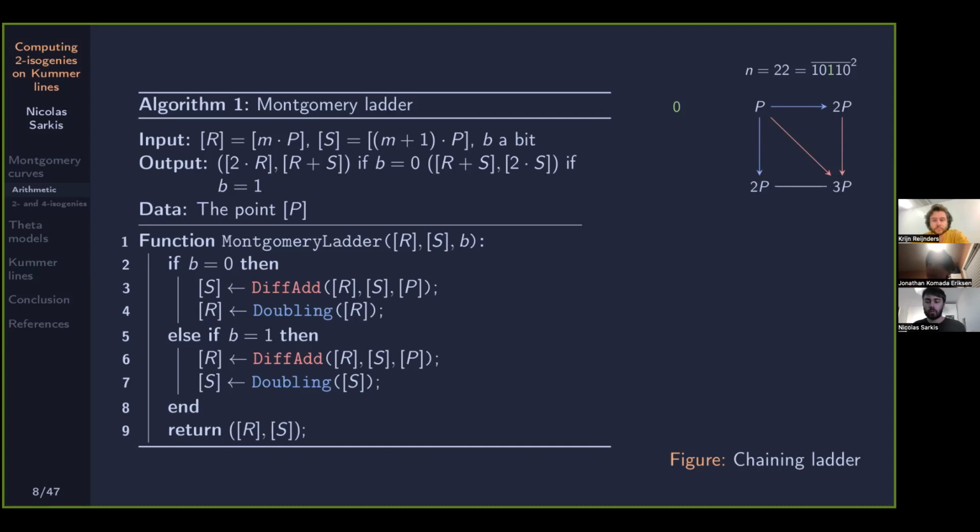Then you read 1. So you do the second step of the ladder, get 5P and 6P, etc., 11P, 12P. And in the end, you can get 22P and 23P, but we don't mind about that. It's an efficient way to compute the scalar multiplication of a point on an elliptic curve if you only care about the x and z coordinates.